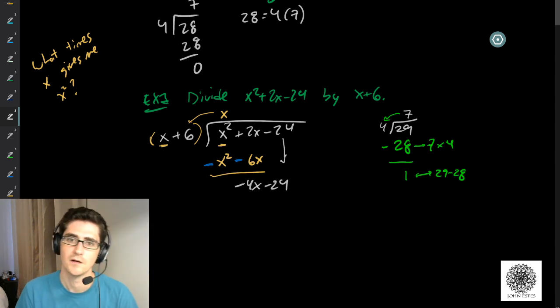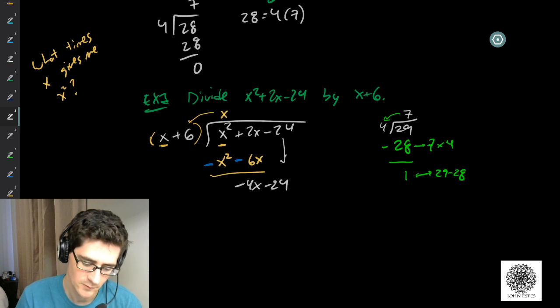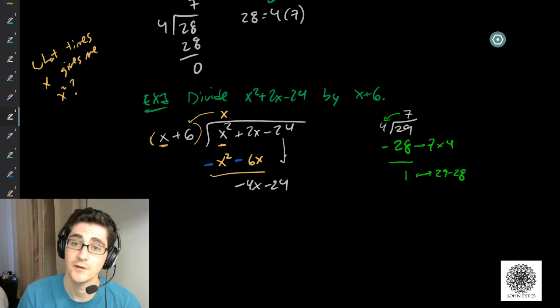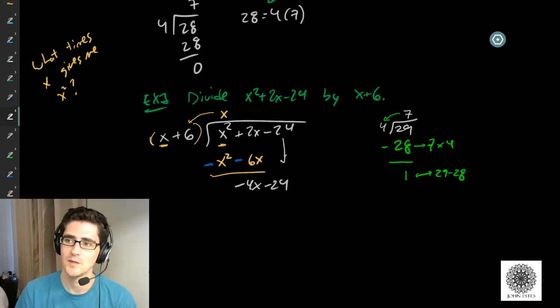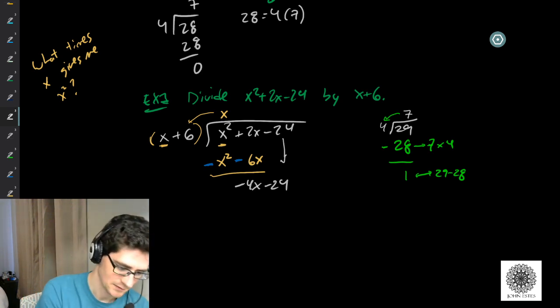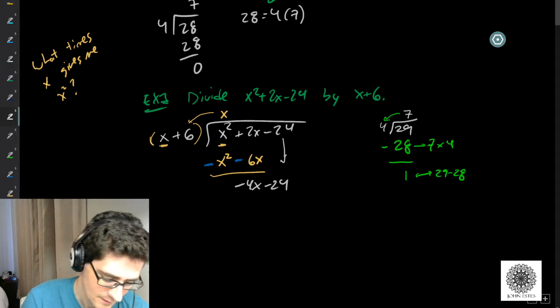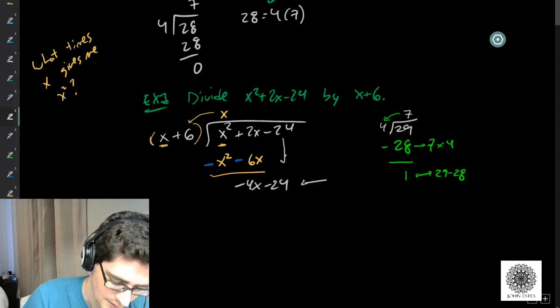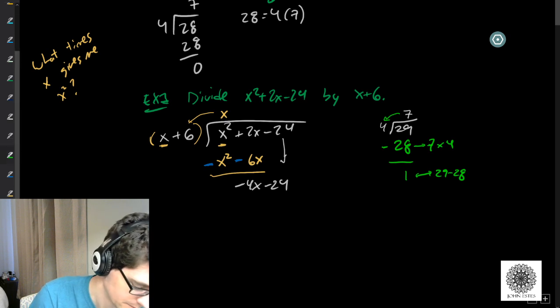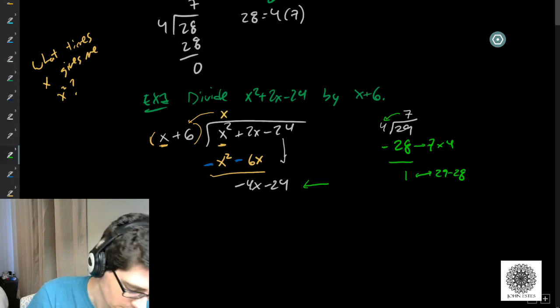This is where this example is a little different than when we divide 29 by 4. We need to do the same process again to finish. So let's think back how we did this. Now I'm done with the x squared. I'm looking now at this term, the negative 4x minus 24, and I want to play the game again.